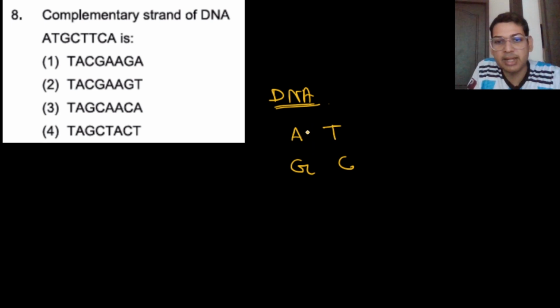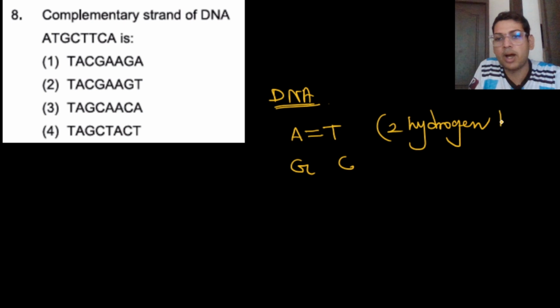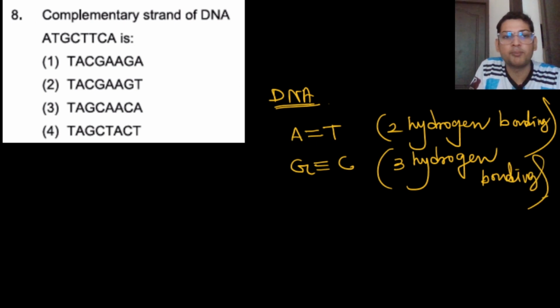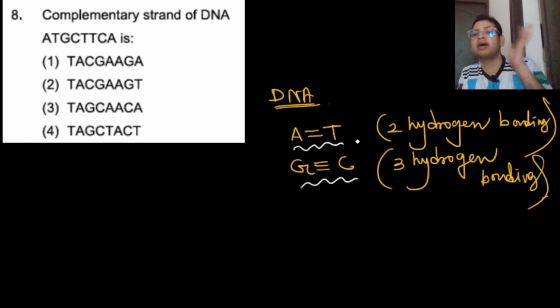Between A and T, there will be 2 hydrogen bonding. All these things I have told you. Between G and C, there will be 3 hydrogen bonding. So A is complementary to T and G is complementary to C and vice versa.